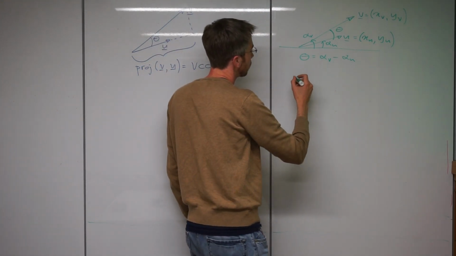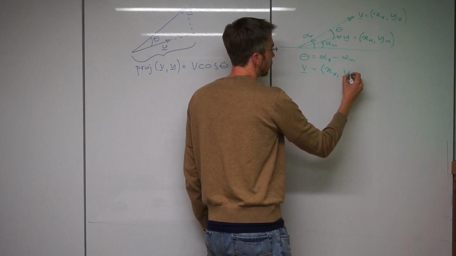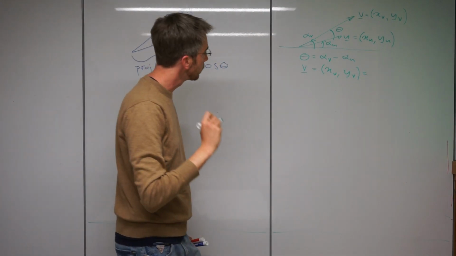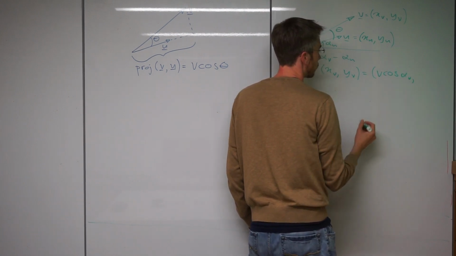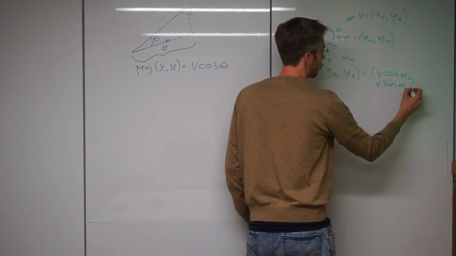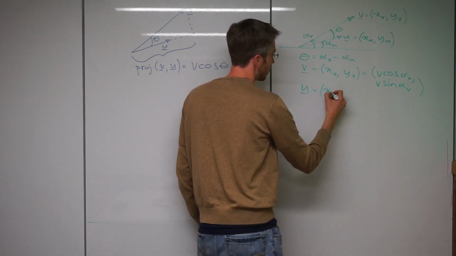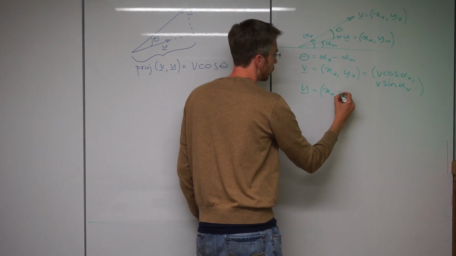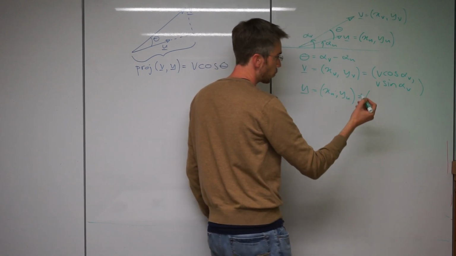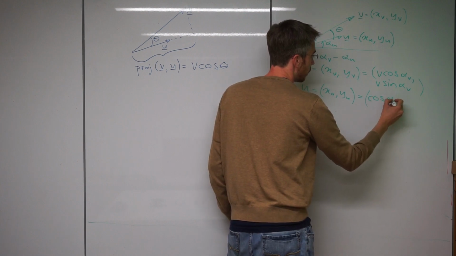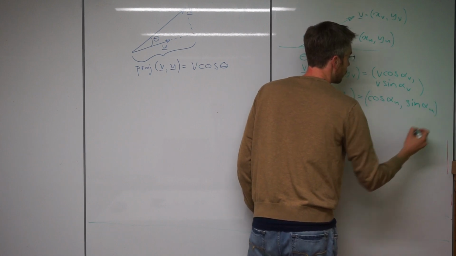We see that v, which is xv, yv, can also be written as v cos alpha v, v sine alpha v, and similarly for the unit vector, we can write xu and yu as the length, which is 1 times cos alpha u, and the length 1 times sine alpha u.